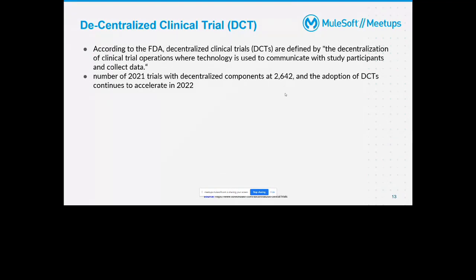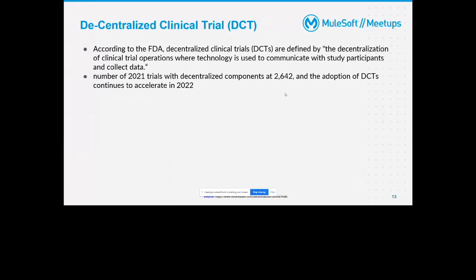You can say, okay, I have a Target store just 5 minutes walking from my apartment, and I can go there and take the medicine from that CVS within that Target. That is called hybrid, because you are not coming into the centralized trial process, they are also not going to you, but somewhere in between there is an arrangement through which they can monitor you and provide you drugs.